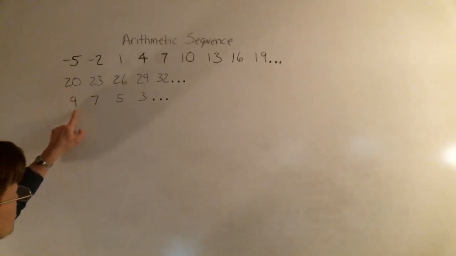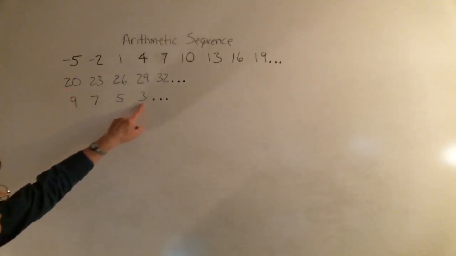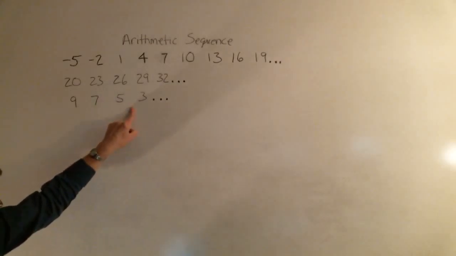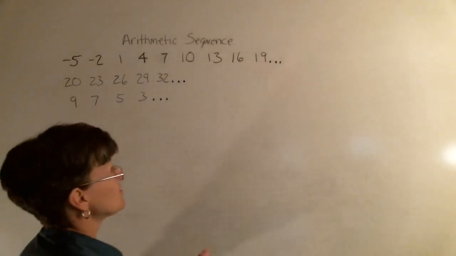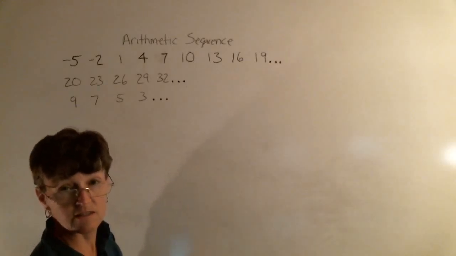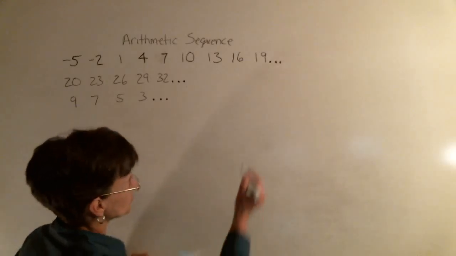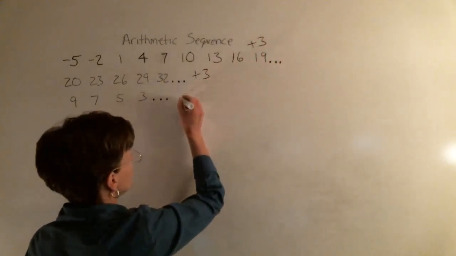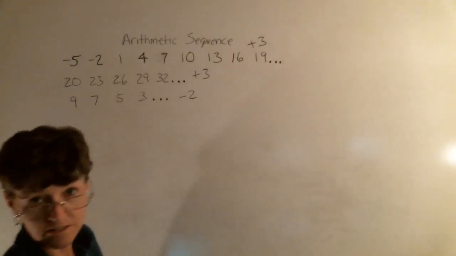So the first term of an arithmetic sequence is pretty important. All right, here's an arithmetic sequence that is found by subtracting 2 each time. So an arithmetic sequence is built on adding or subtracting the same number each time. Here we're adding plus 3. Here we're adding plus 3. Here we are subtracting minus 2.